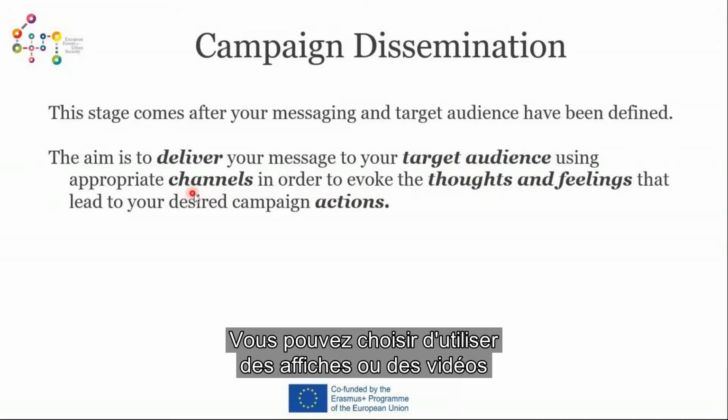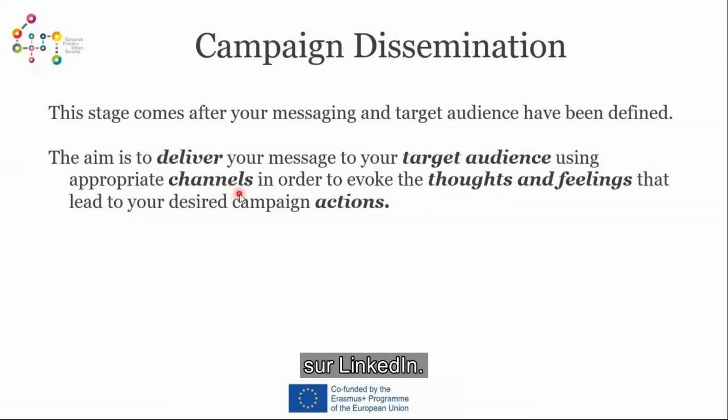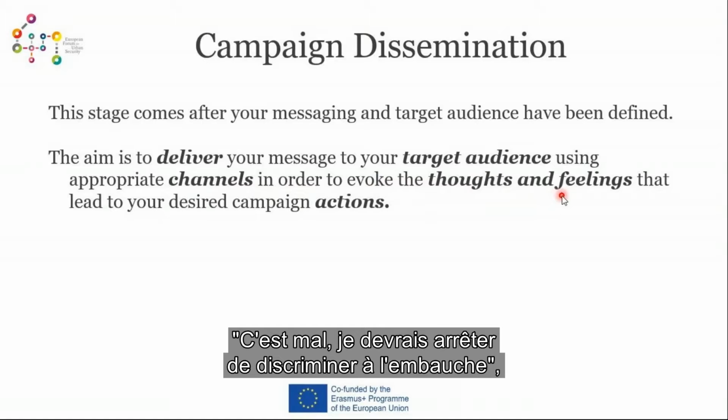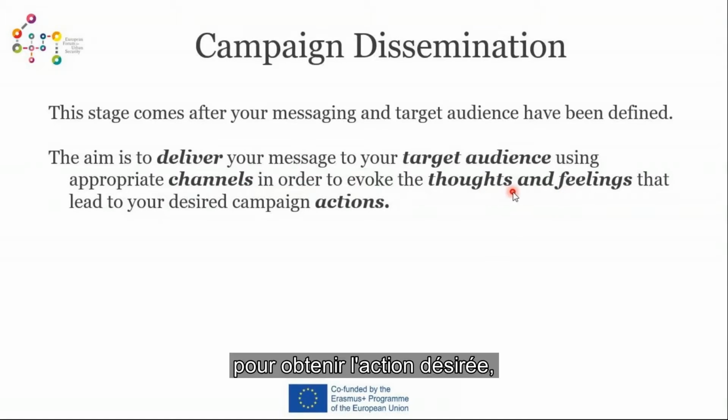And you may choose to use posters or videos on LinkedIn to do that, because the aim is to evoke the kinds of thoughts and feelings that make them think, oh, maybe this is wrong, and maybe I should stop discriminating in hiring, that lead to your desired campaign actions, which is a reduction in discrimination in hiring.